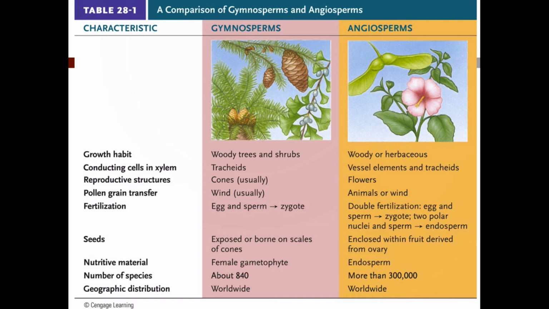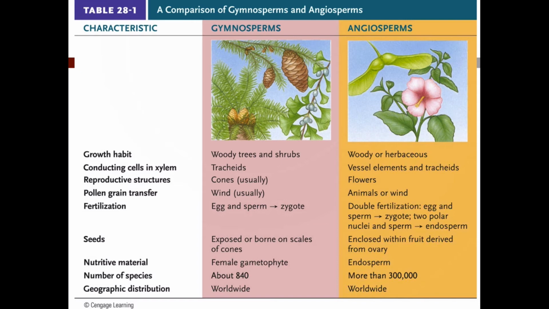They are produced by way of flowers. Pollen grains are transferred by way of an animal pollinator or the wind. Fertilization happens twice, i.e., it's called double fertilization, which I'll also add to your homework on your test. The process of double fertilization: you take an egg, which is haploid, sperm, which is haploid, and 2 polar nuclei plus sperm.